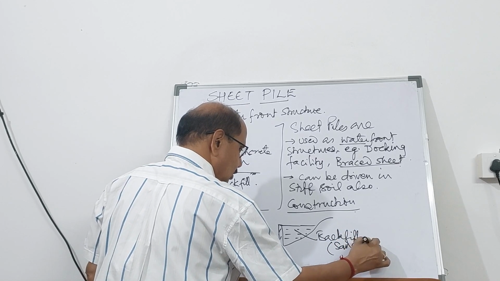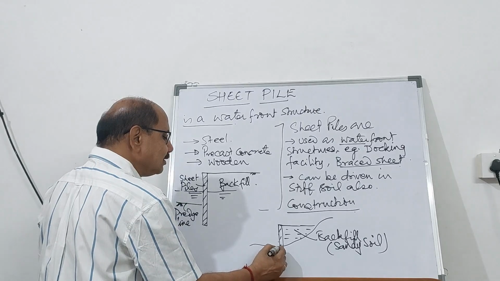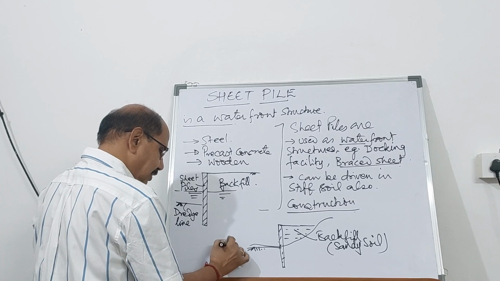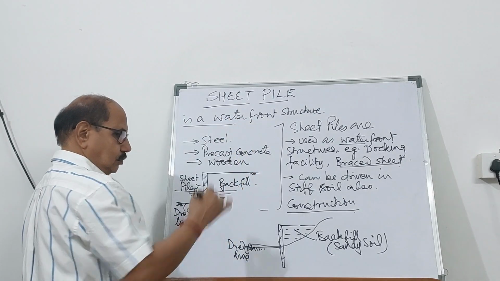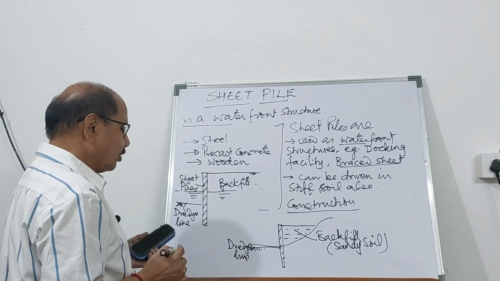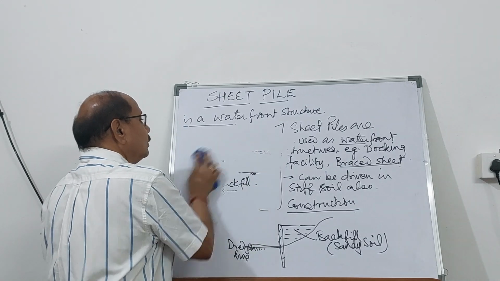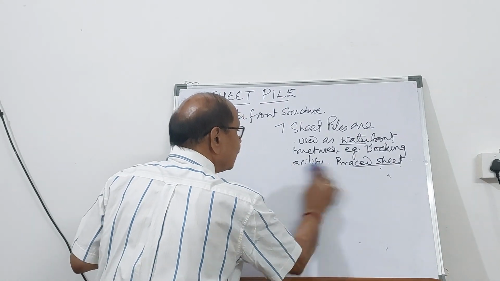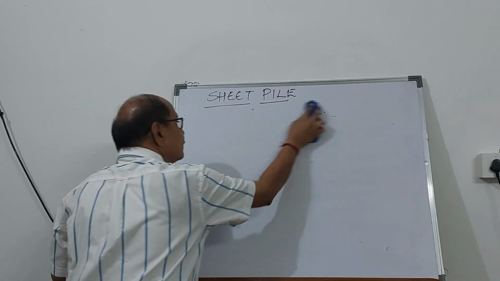So sandy soils are used as a backfill, and you can dredge it, and therefore this becomes the dredge line. So the applications of sheet piles are enormous, mainly in coastal areas for berthing of ships, and as a dock you can make use of it.